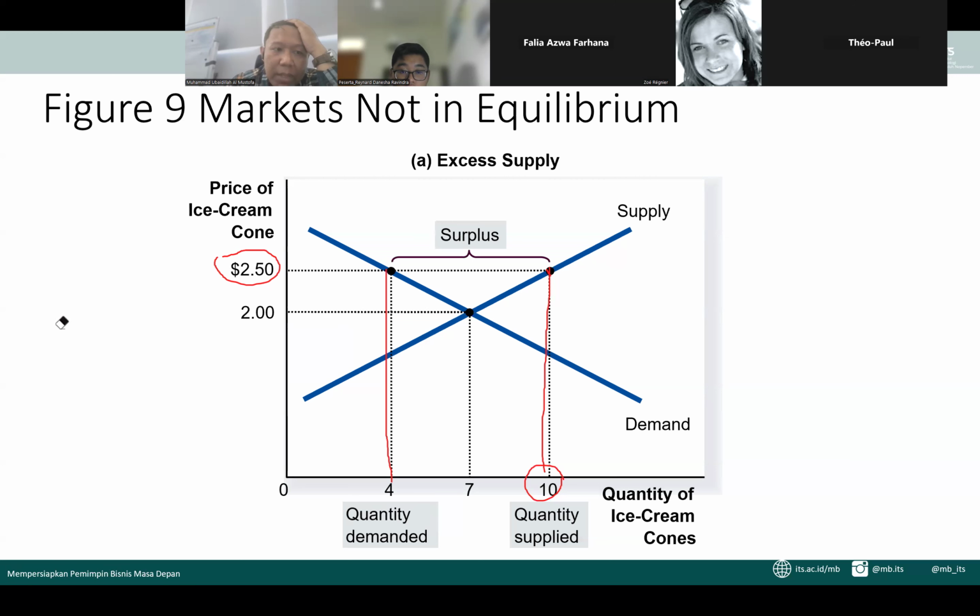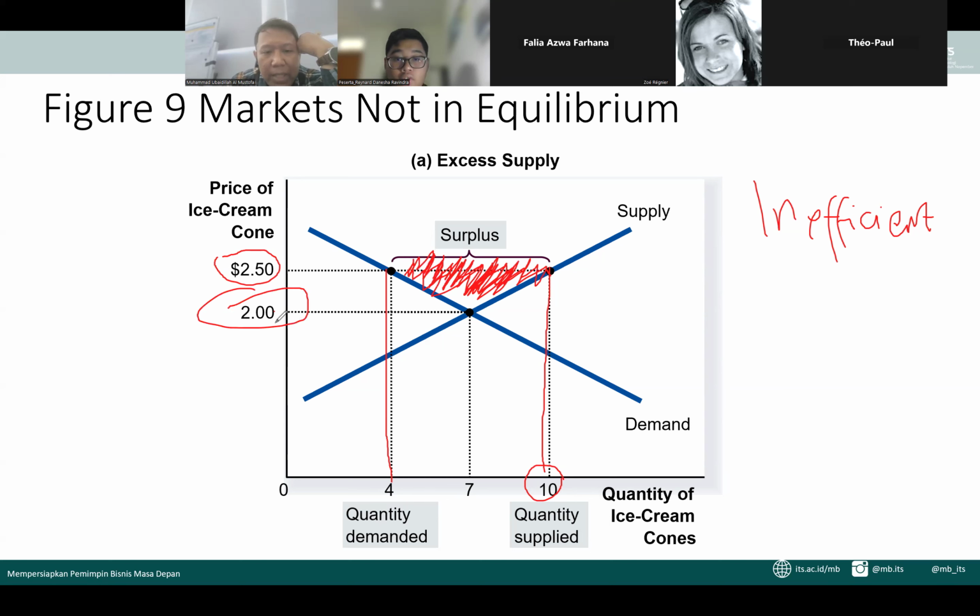And if we have a surplus, it means the market is not efficient. This is inefficient because of the surplus. This is the surplus area. Imagine the market equilibrium price is 2, but currently they are selling for 2.5. So we have a surplus in the market because the current price is higher than the equilibrium.